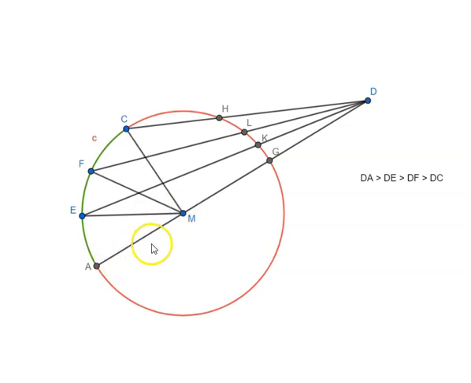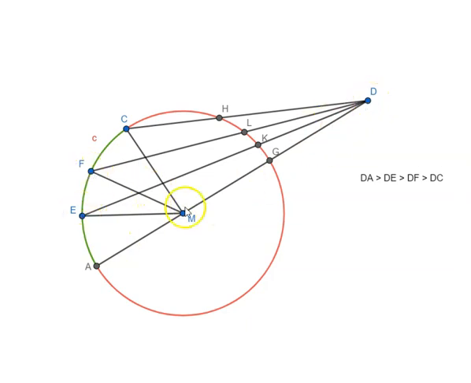Now AM is equal to EM, and we can add MD to both of them, so we get AM plus MD is equal to EM plus MD, but EM plus MD is greater than ED. Remember, the sum of any two sides is greater than the third side. So EM plus MD is greater than ED. And since AM plus MD is equal to EM plus MD, we can say AM plus MD is greater than ED. Yes?